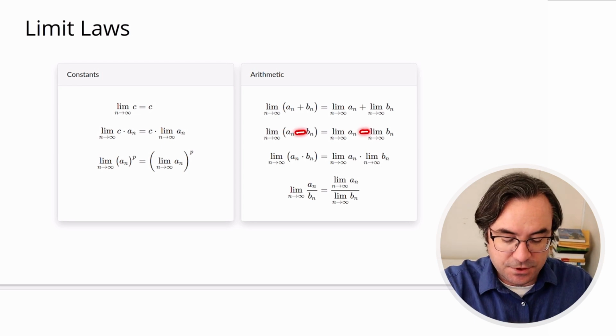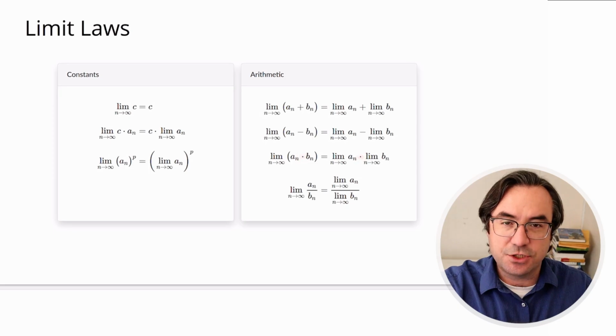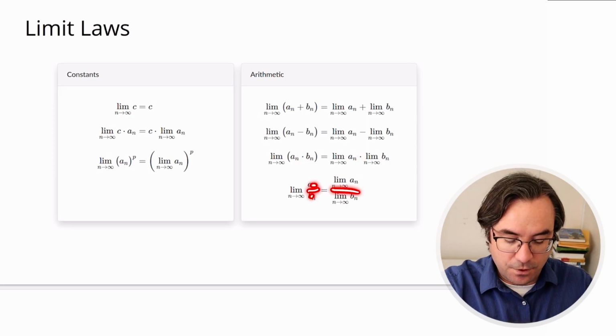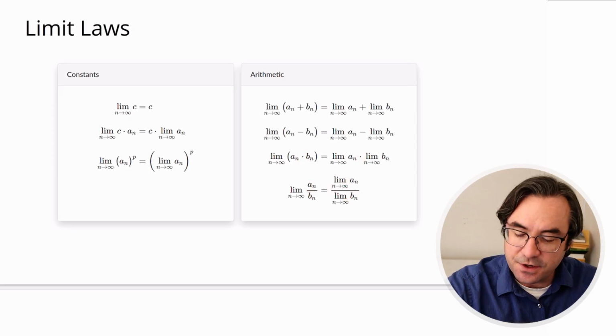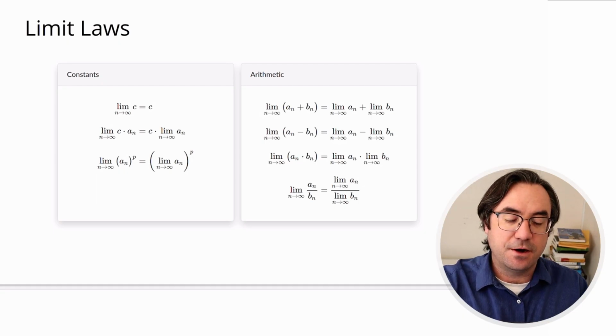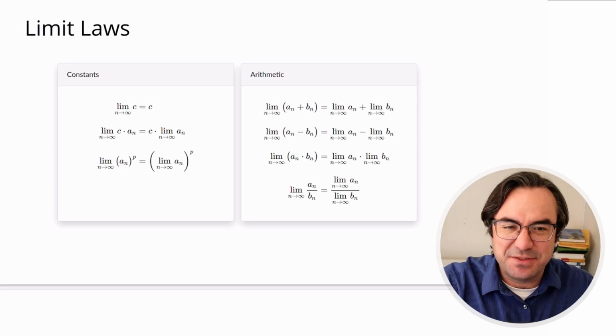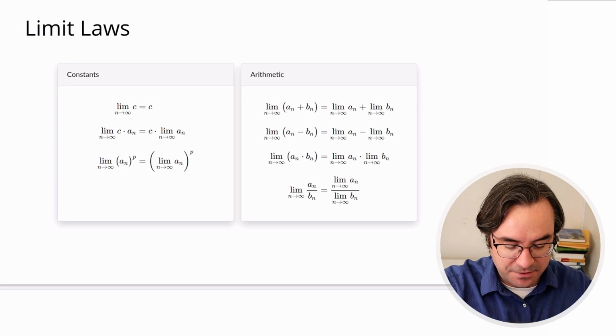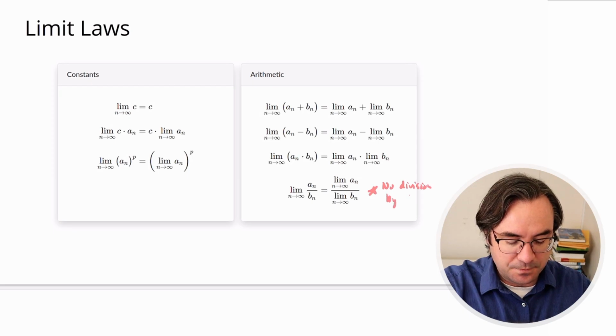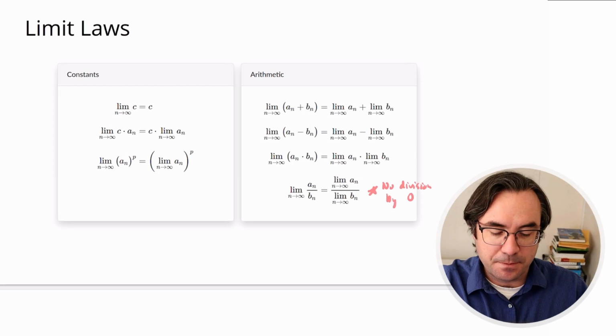Same thing for subtraction, multiplication, and division. Division is the only one we have to be careful with, because you might have division by 0. So this doesn't work if you have division by 0. Kind of a usual thing.